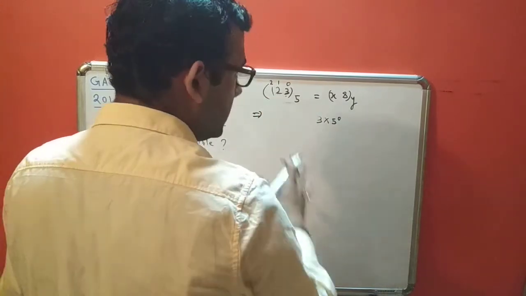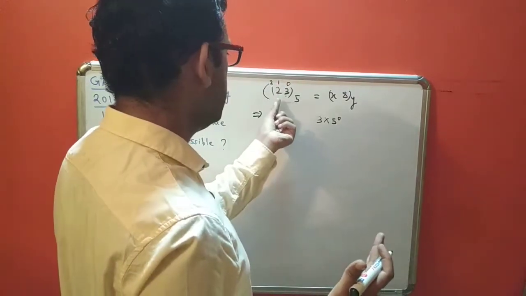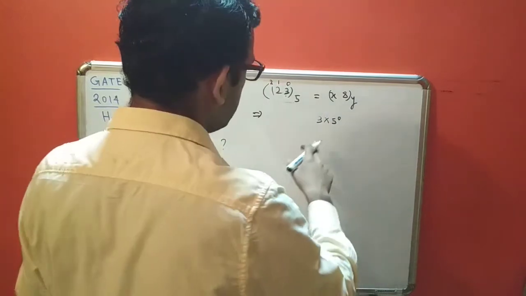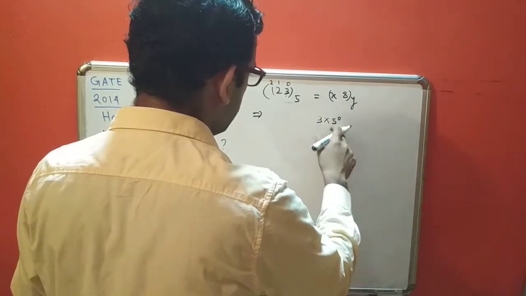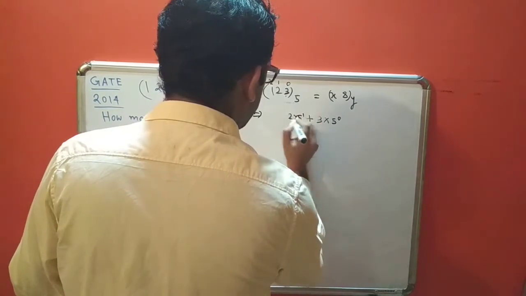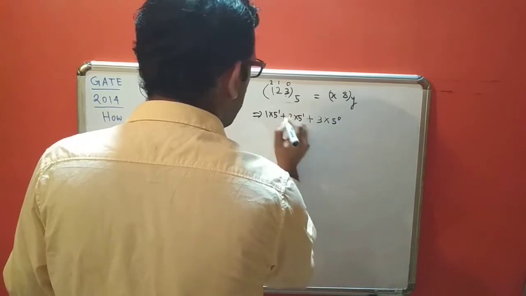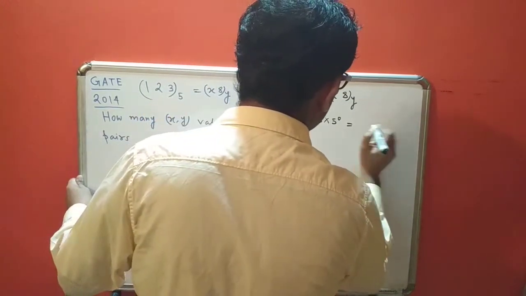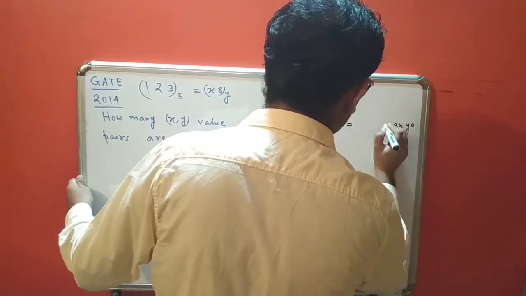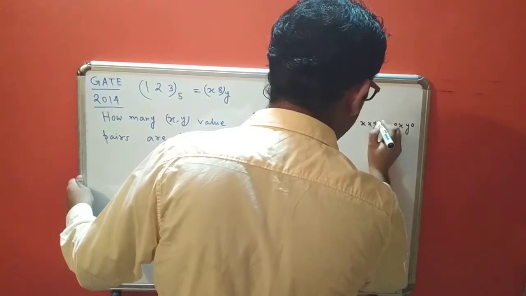Because the decimal number system is a positional number system where each symbol will take on different values depending on its position in the number. So 3 into 5 to the power of 0, 2 into 5 to the power of 1, plus 1 into 5 raised to the power of 2. And this is same as 8 into y raised to the power of 0 plus x into y raised to the power of 1.